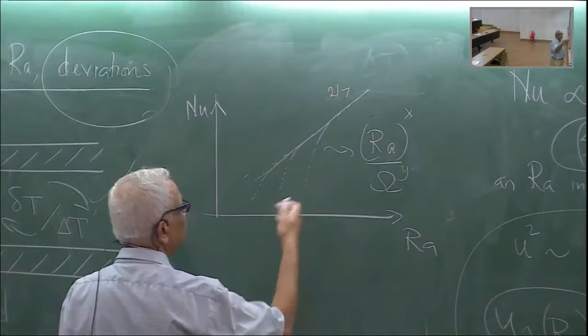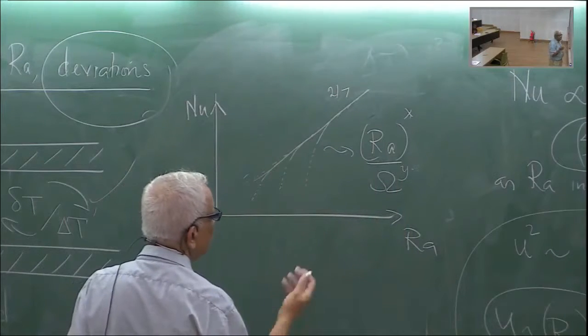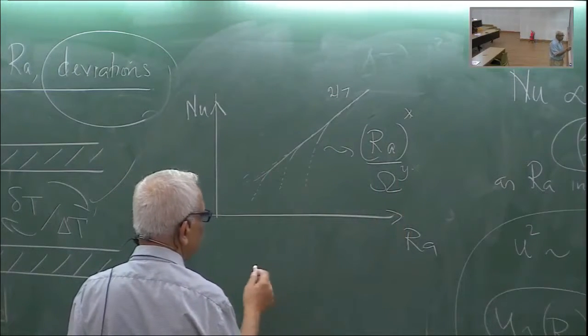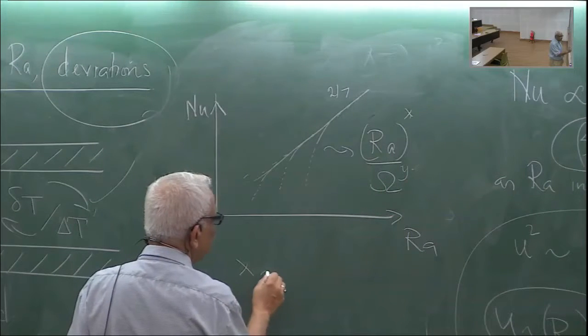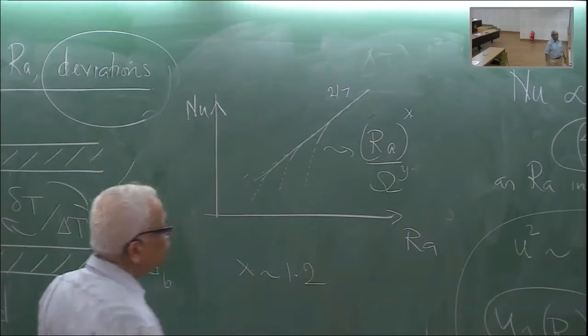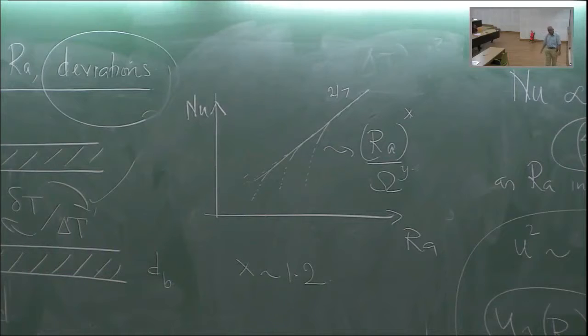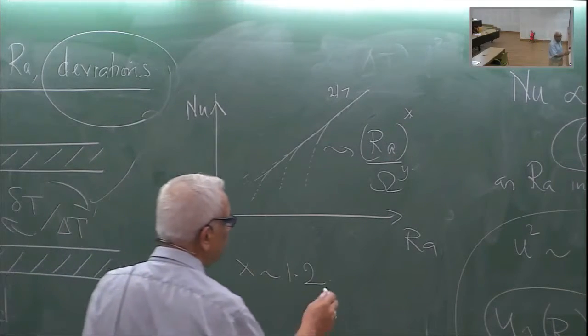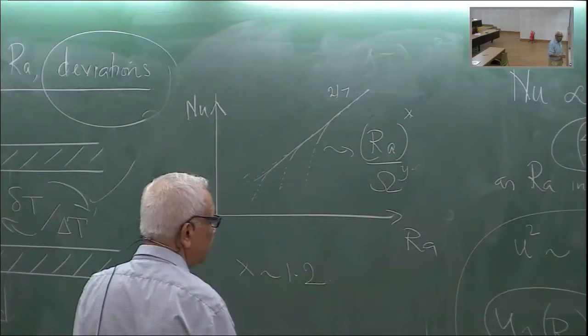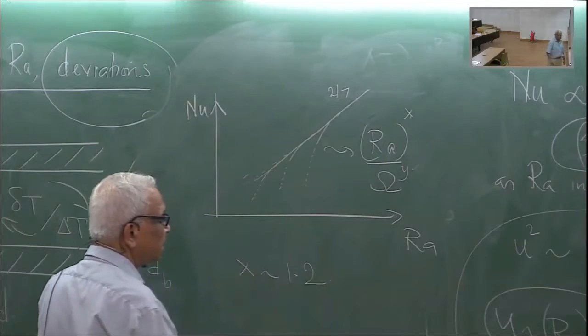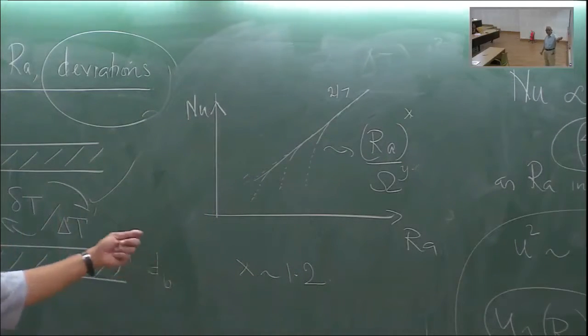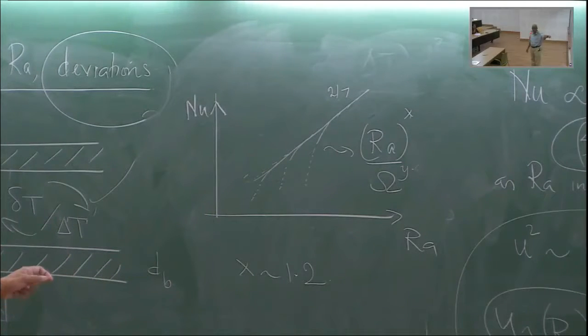Experimentally, the first experimental demonstration of this, 5 or 6 years ago, gave x nearly 1.2. At the same time, there were some other people doing numerical experiments, which did not give x as large as that, but still x which is significantly bigger.